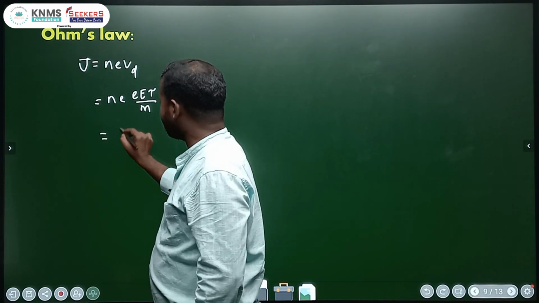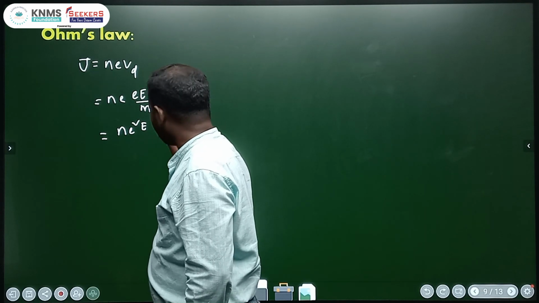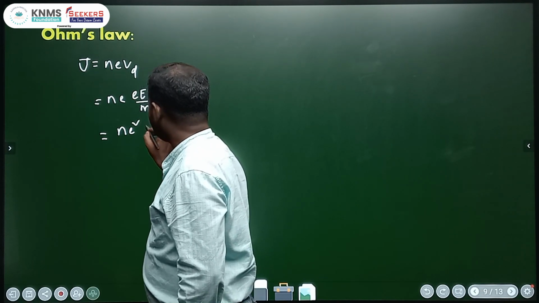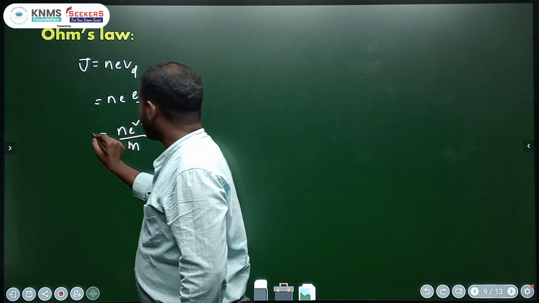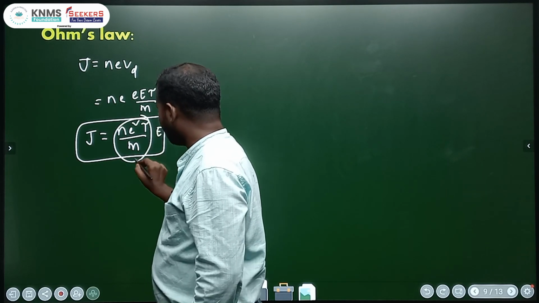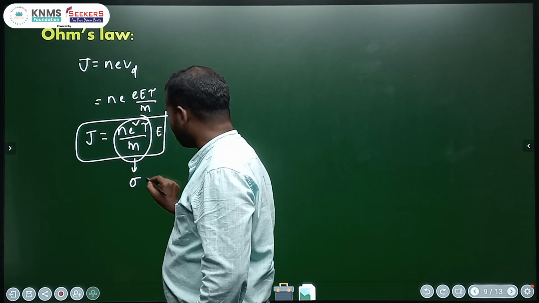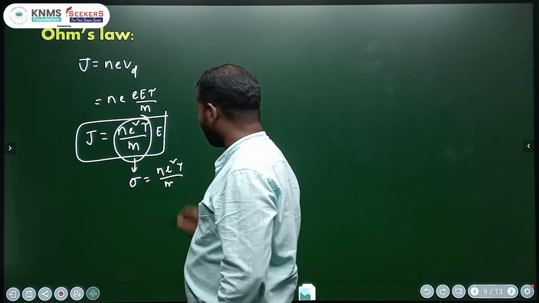Now I can say that J is ne square tau upon m into E. This can be written with conductivity sigma equal to ne square tau upon m.